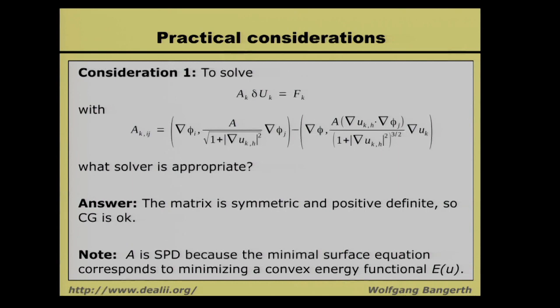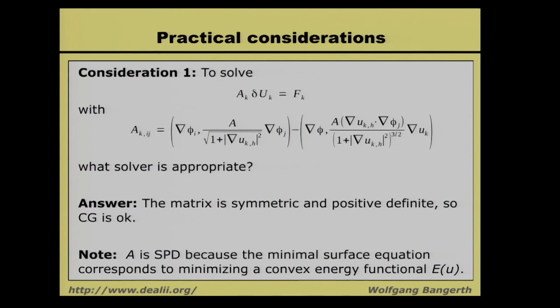If you look at this carefully enough, you will find that indeed it is a symmetric and positive definite matrix, and as a consequence, it is appropriate to solve with the conjugate gradient method. If you go to Step 15 in the introduction, we give a discussion of why this matrix really is symmetric and positive definite, so there's more information there.